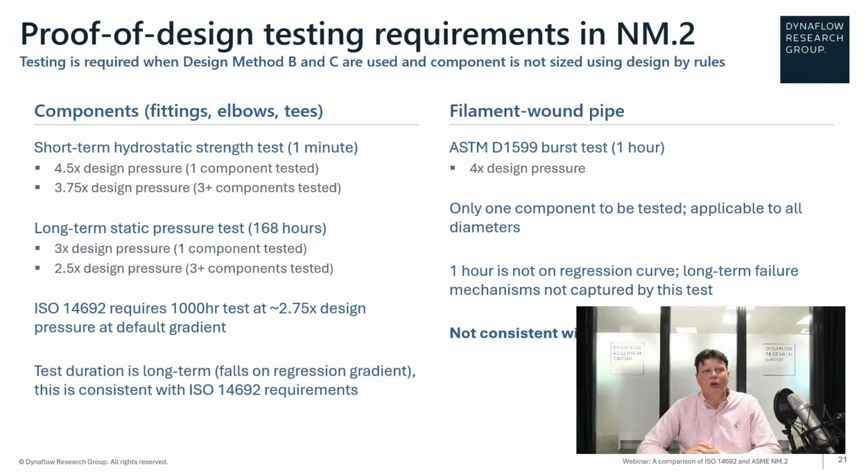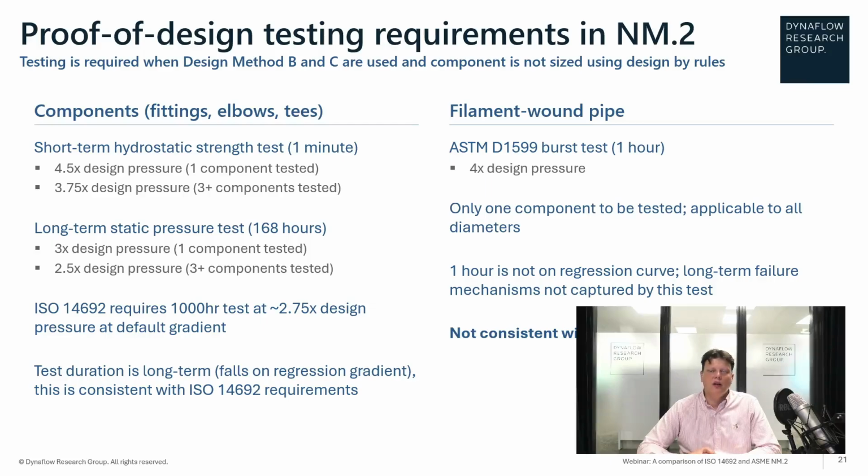Now, to some point, when the design by rules calculations are not used, in NM2, when using design method B and C, so the long-term and short-term testing, it is not required to do the design by rules sizing. And in that case, a proof of design testing must be performed.